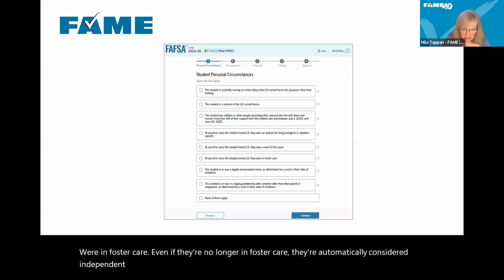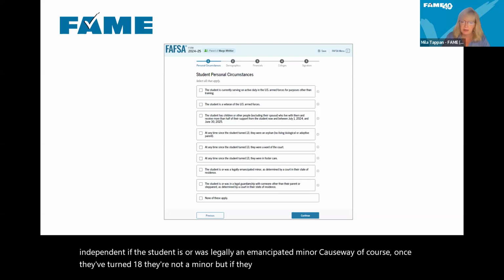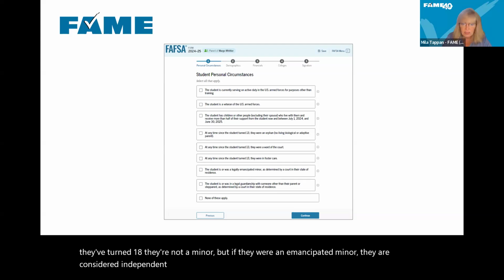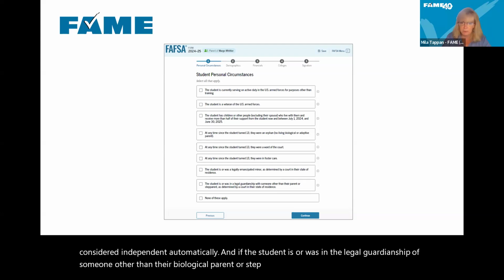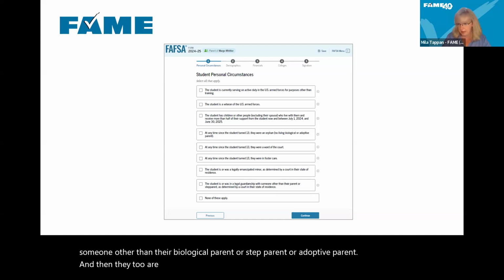If the student is or was legally an emancipated minor, because of course once they've turned 18 they're not a minor, but if they were an emancipated minor, they are considered independent automatically. And if the student is or was in the legal guardianship of someone other than their biological parent, stepparent, or adoptive parent, then they too are automatically considered independent.